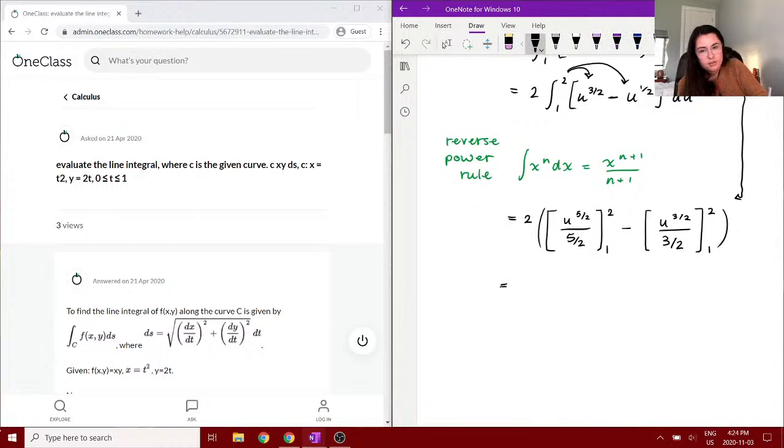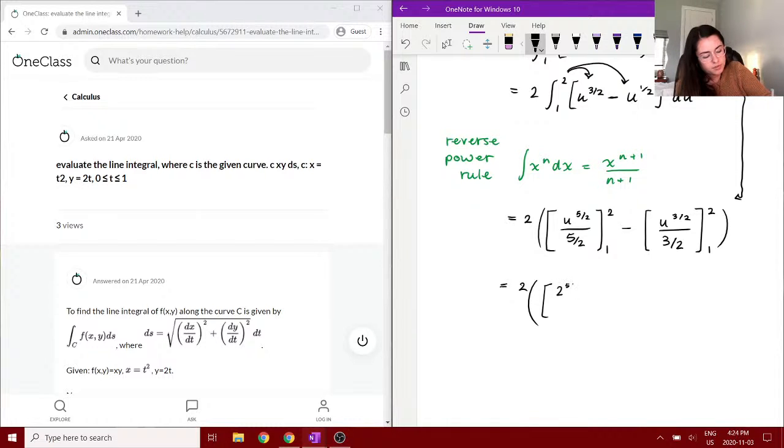All right, so what I'm going to do now is evaluate and basically replace the u's with 2 and 1. So 2 times everything. First we replace the u with a 2.